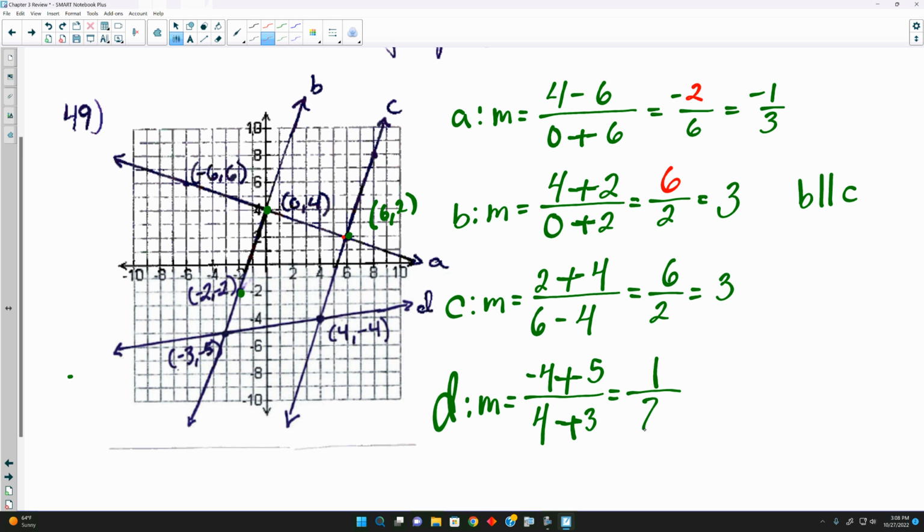Now, these two here, negative 1/3 and 3. If I took negative 1/3, change the sign, go from negative to positive, and if I flip 1/3, I get positive 3.